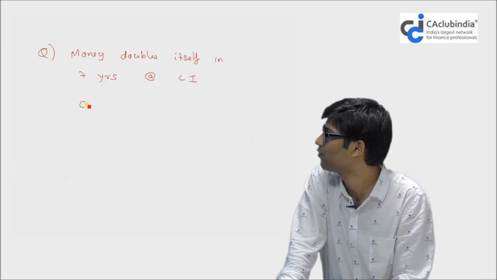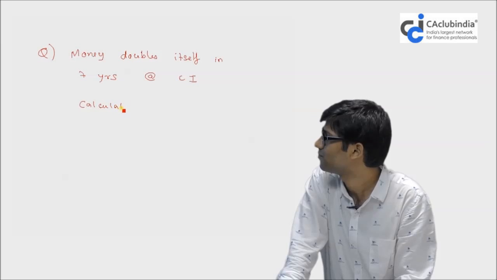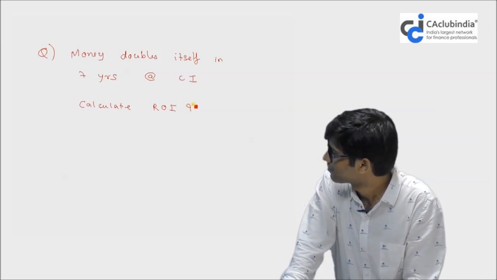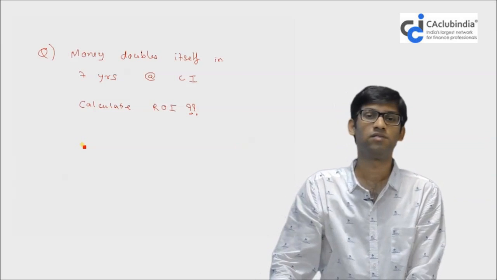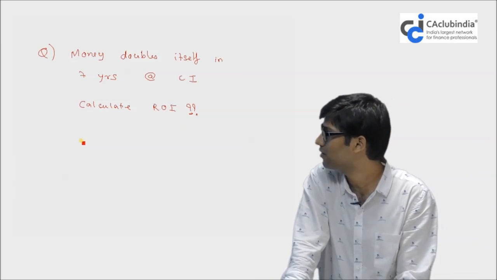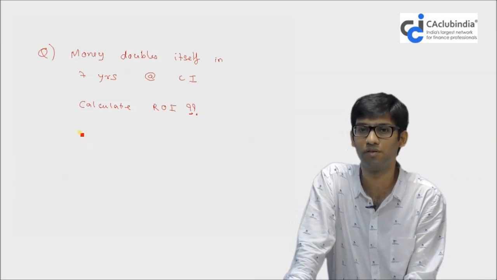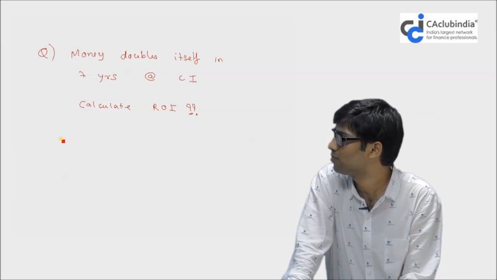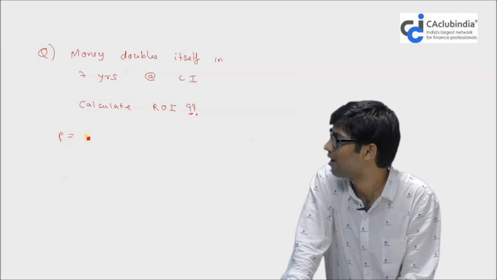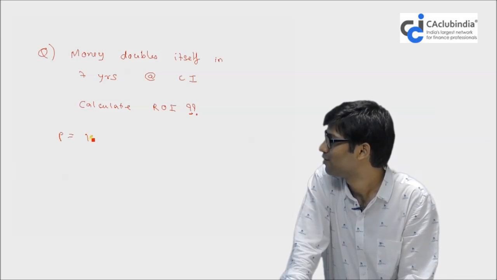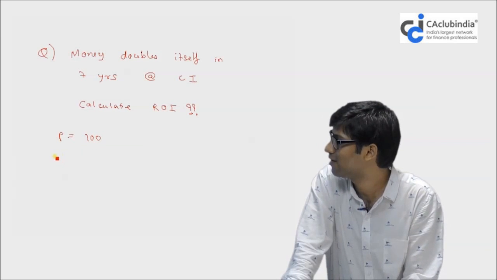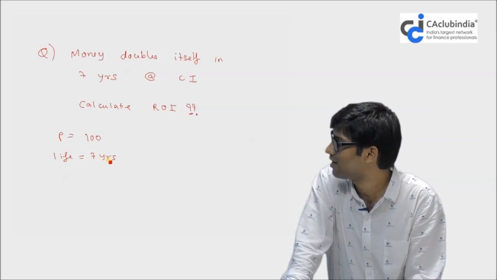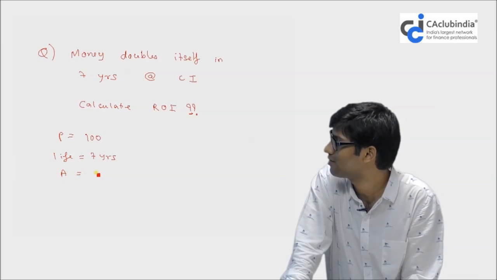The question is to calculate the rate of interest. Since it's a question on compound interest, we will have to use the formulas of compound interest. Over here, let us assume that the principal is 100. So if we take a life of 7 years, the question says that the amount becomes 200.